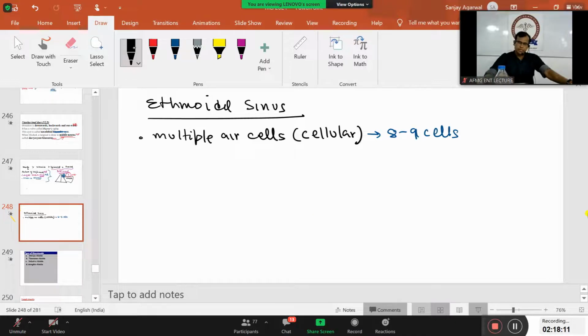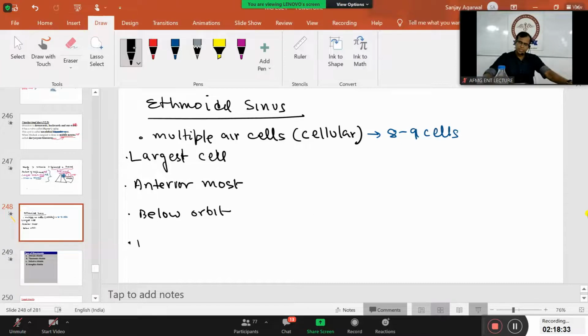Now, out of 8 to 9, one of them is the largest cell. One is anterior most. One is below the orbit. One is near the optic nerve. And they have names.